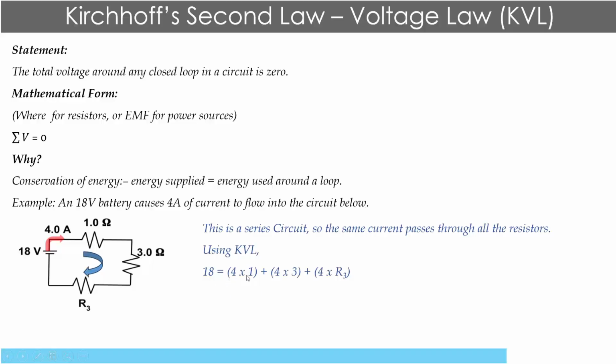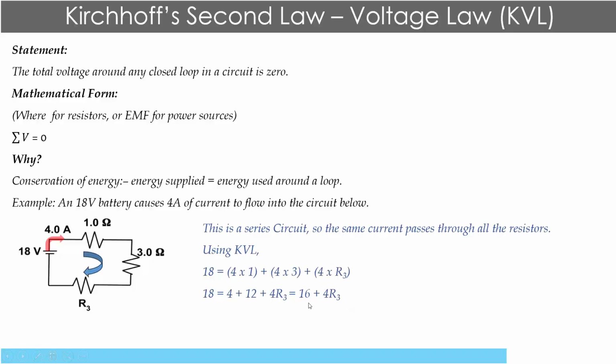So if we are going to further rearrange our equation, we'll now have that 18 is equal to 4 plus 4 times 3, which is 12, plus 4R3.